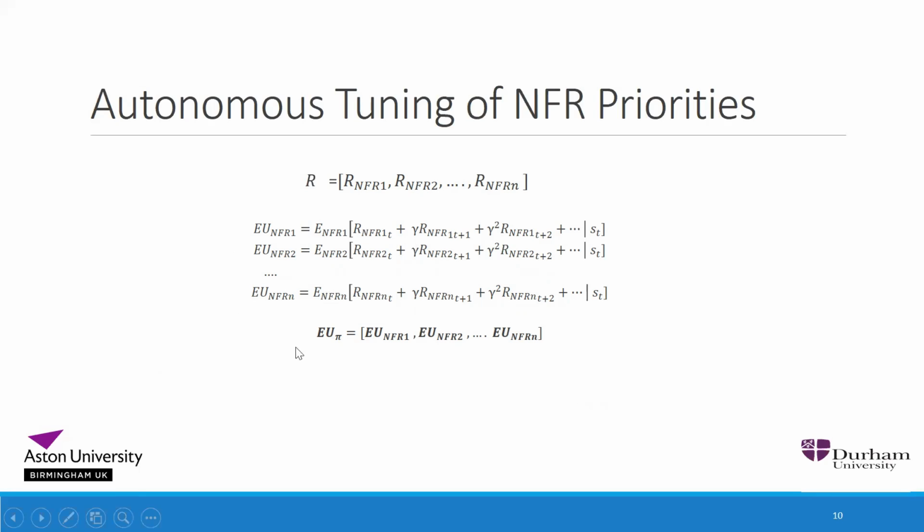Based on these separate expected utility values, an adaptation action is selected, and these expected utility values computed using the reward functions are known as the autonomously tuned individual priorities of non-functional requirements.